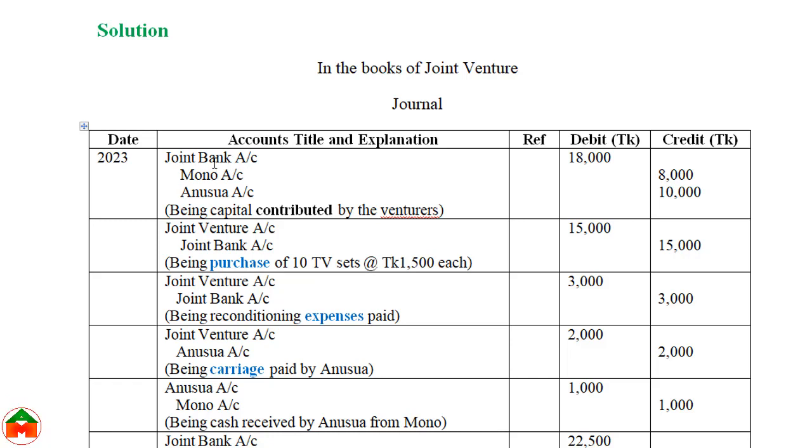That's why bank account debit. We have shown the amount of 18,000 on the debit side, and the amount of 18,000 comes from 8,000 plus 10,000. 8,000 is contributed by Mono and 10,000 is contributed by Anusha.